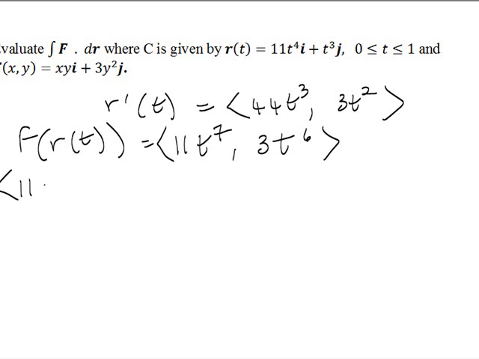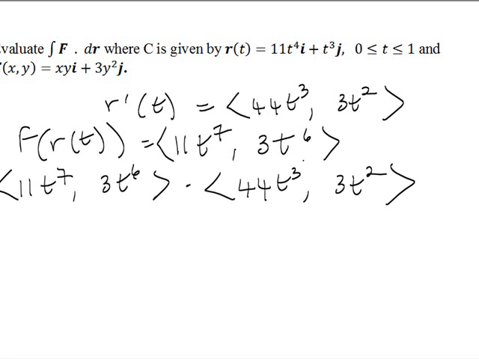Dot product now. Dot 4t cubed, 3t squared. What is the dot product? 44t to the 10th plus 9t to the 8th, great.